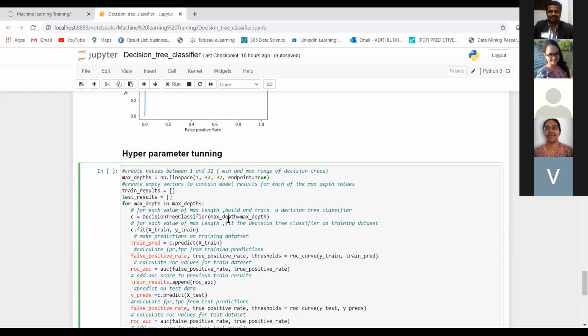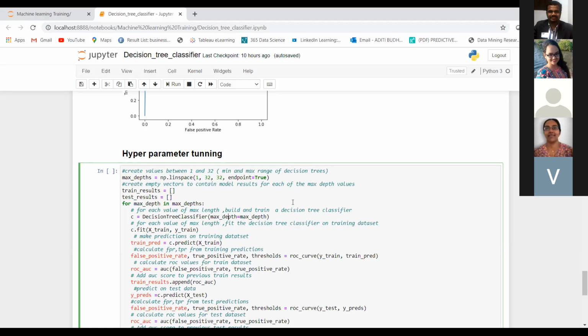We want our model to work better on our testing data set, on the data which it has not seen previously. Correct. So this hyperparameter tuning can be used to control this problem of overfitting also.